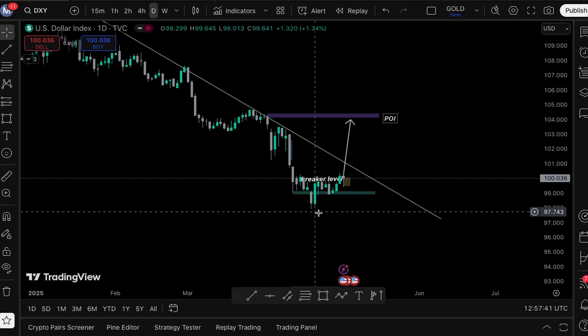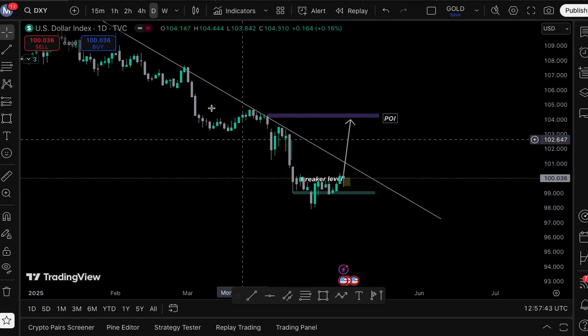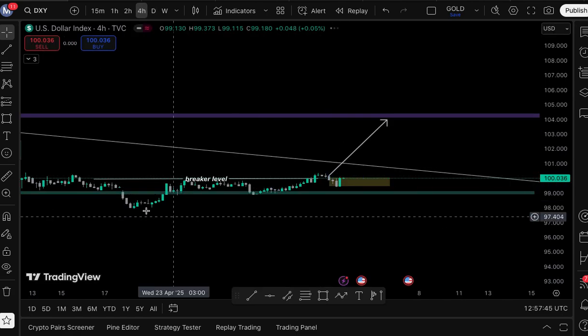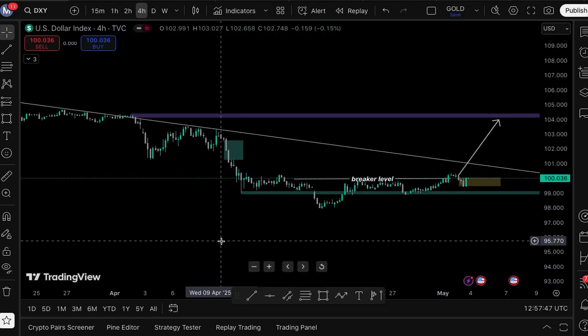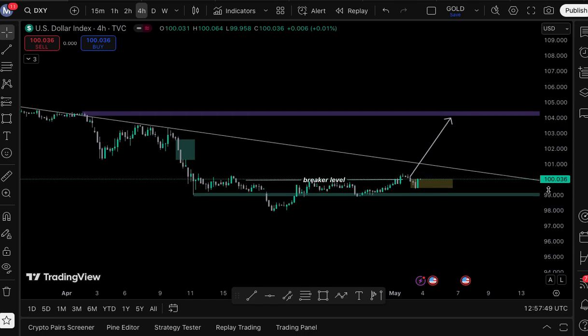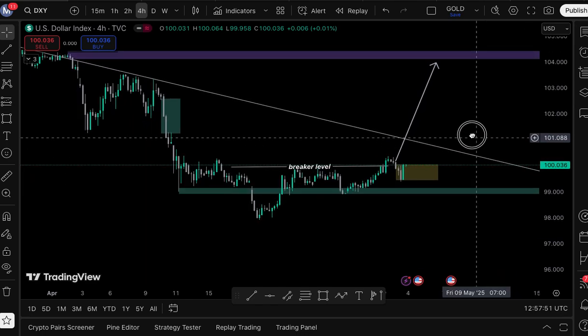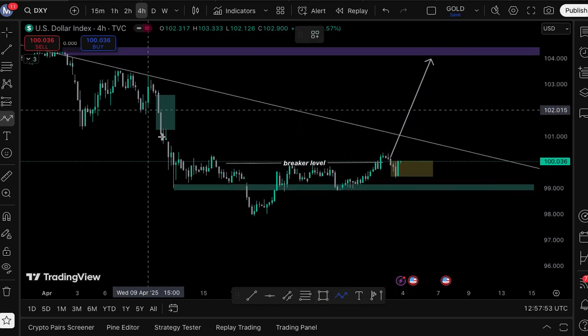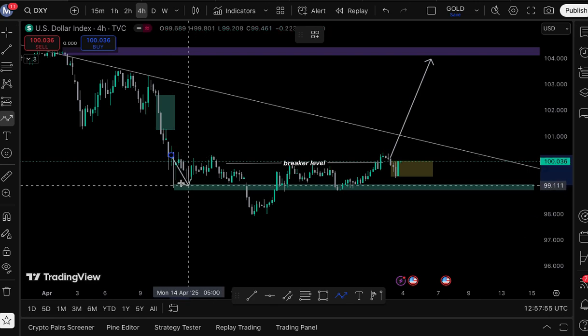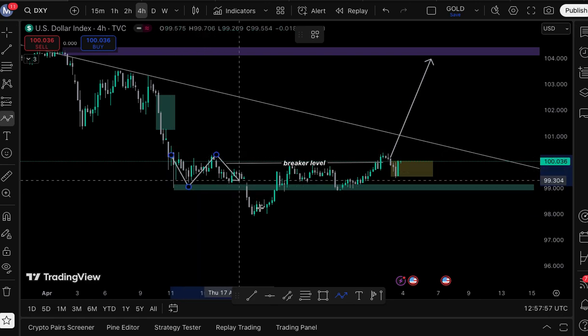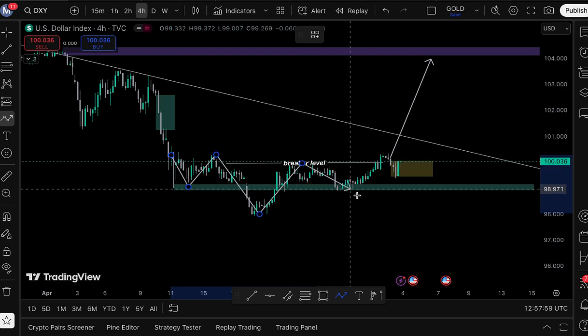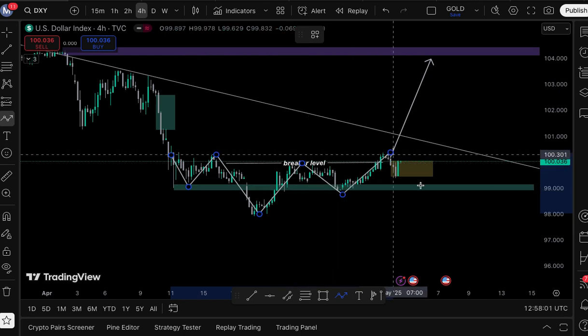So we got the confirmation for the bullish side, and in the 4 hour time frame there is a trend changing chart pattern, the inverted head and shoulder.